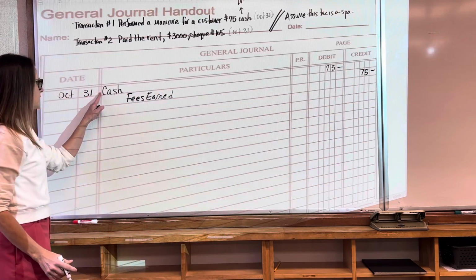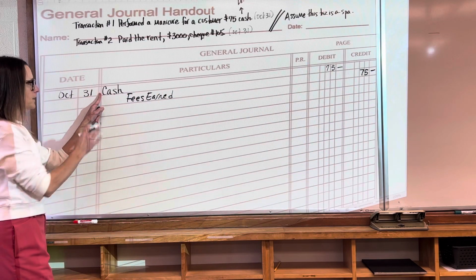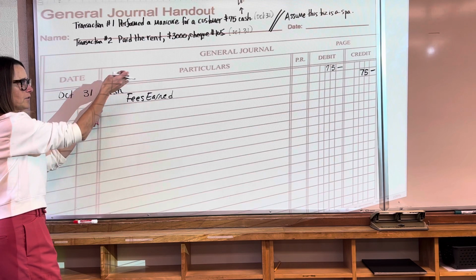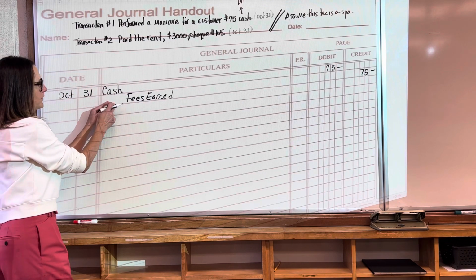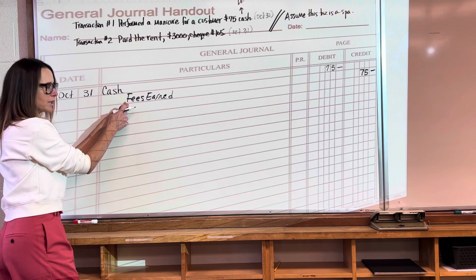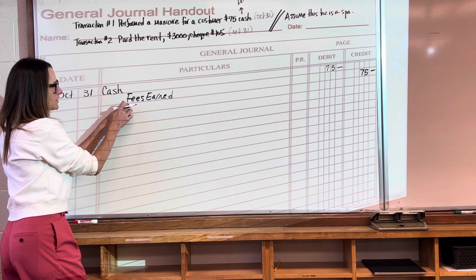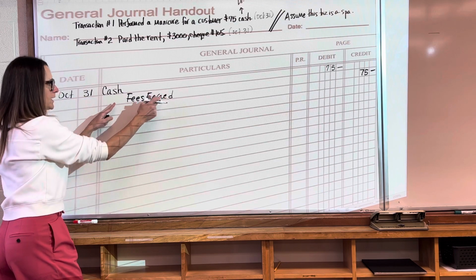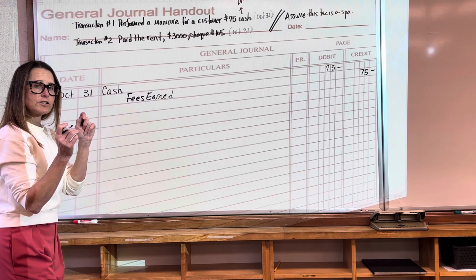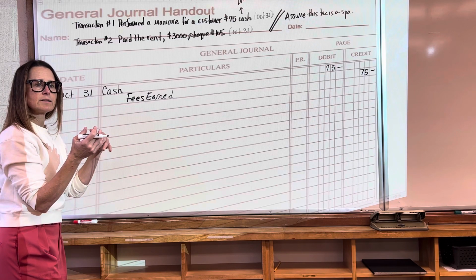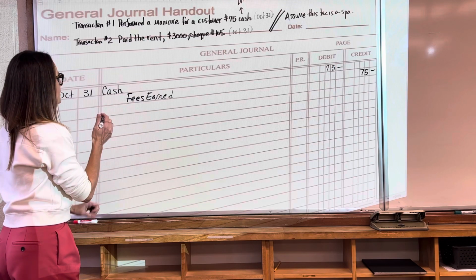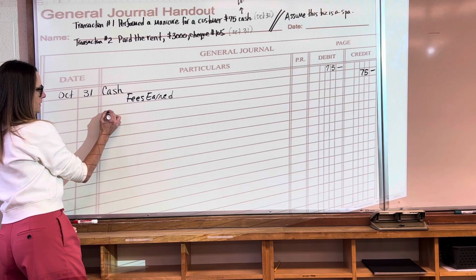Okay, I have a debit indicated by the account name on the left side of the particulars column. I have a credit portion of my entry, and it's indented to the right, and that's the fees earned account. Now I need a little explanation that explains or summarizes what happened in the transaction. I would just say something like this.